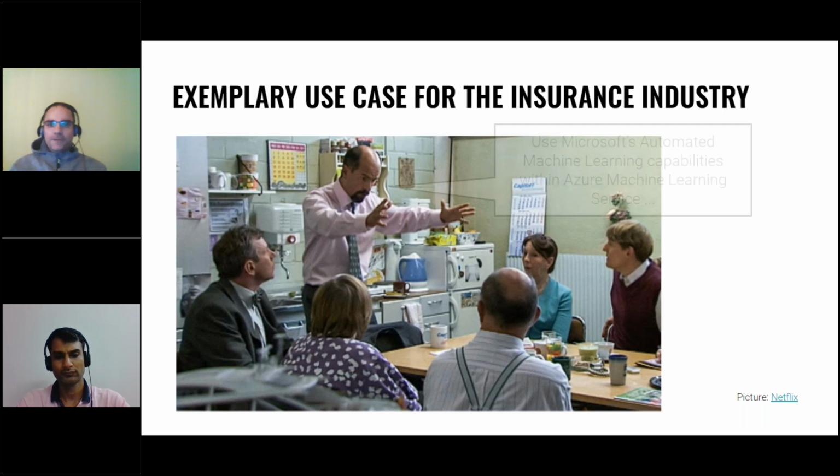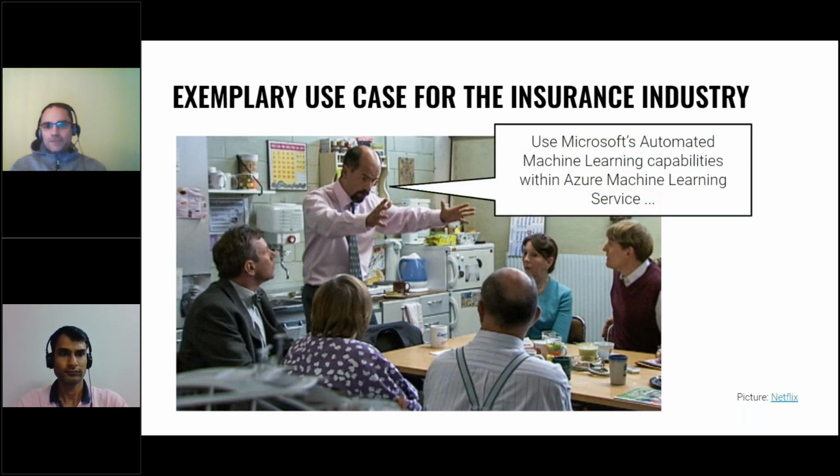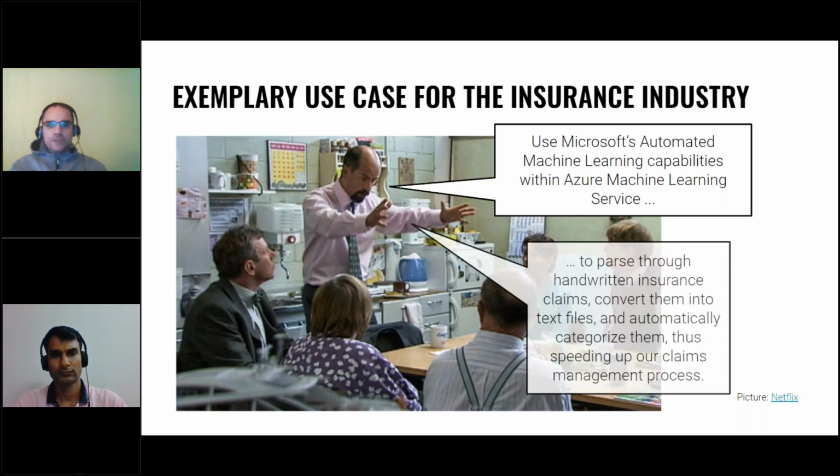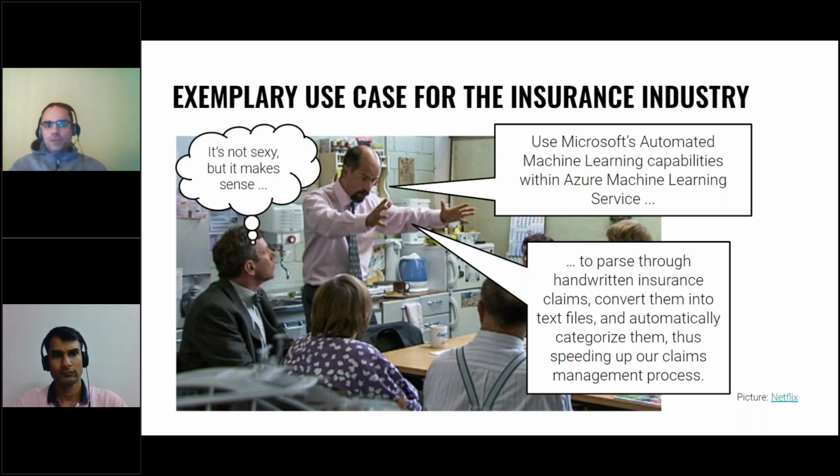And so if he was talking about, let's just imagine that situation, applying machine learning and deep learning at his company, and he was working at an insurance company, the best way to approach this would be like, well, let's use Microsoft automated machine learning capabilities within Azure Machine Learning Service to parse through handwritten insurance claims, convert them into text files, and automatically categorize them, thus speeding up the claim management process, which does not really sound all too sexy, but it actually makes sense.